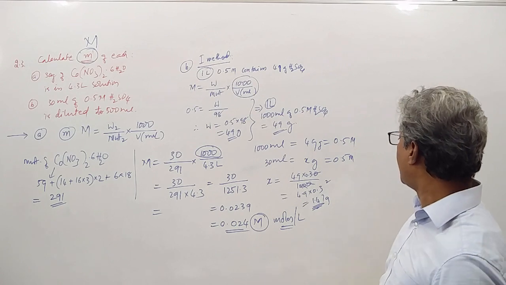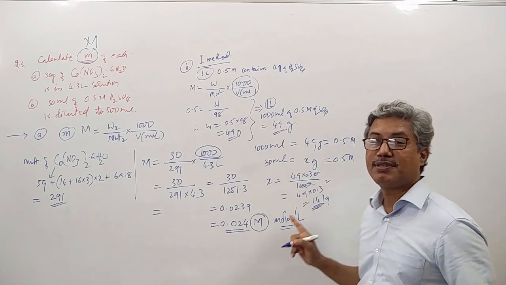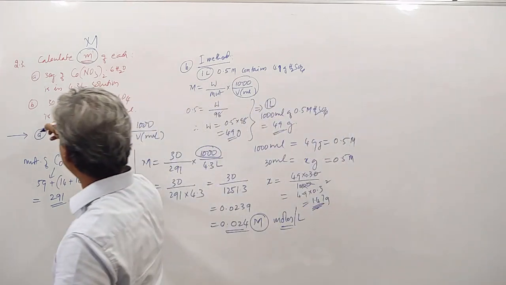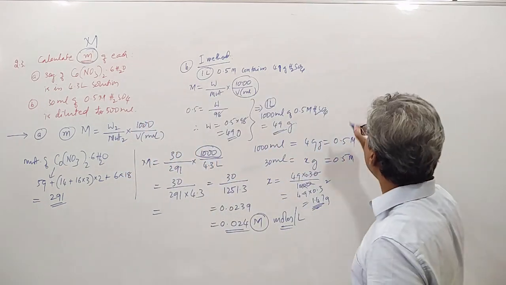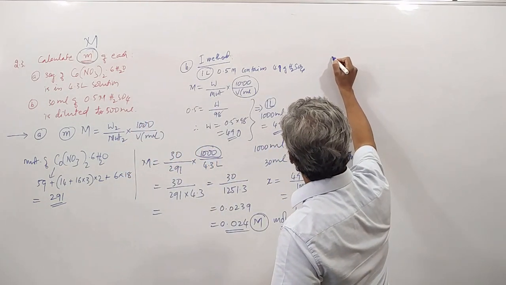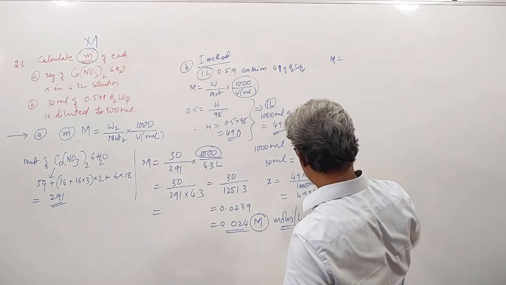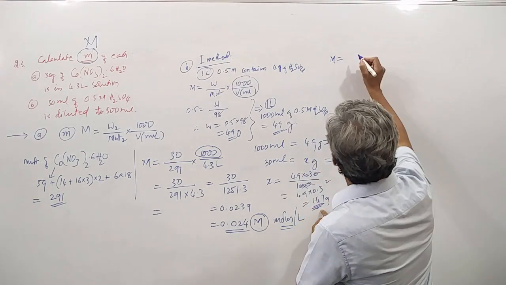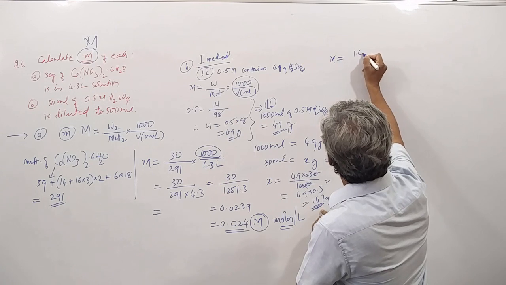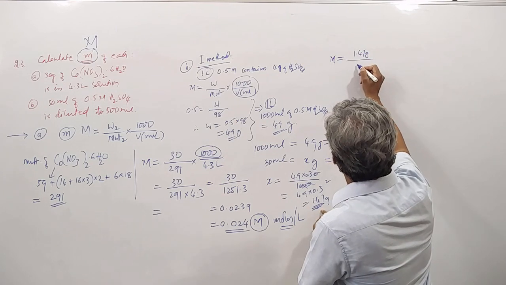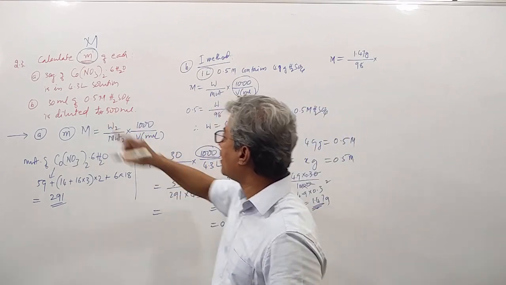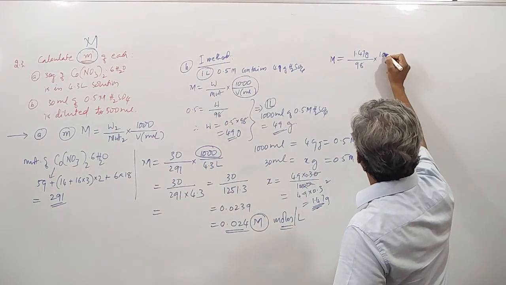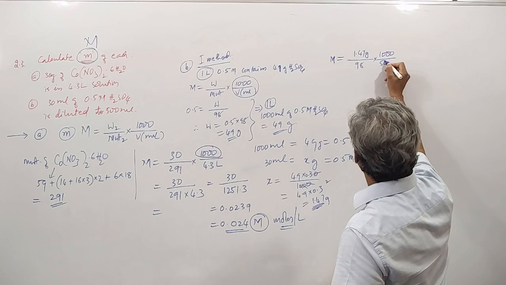See students, 1.47 gram of sulfuric acid is present in 30 ml of H2SO4. Now you have to find out the molarity. What is the weight of sulfuric acid now? Which is 1.47 gram. Your molecular weight is 98, into what is the volume given? 500 ml. That is 1000 by 500 ml.